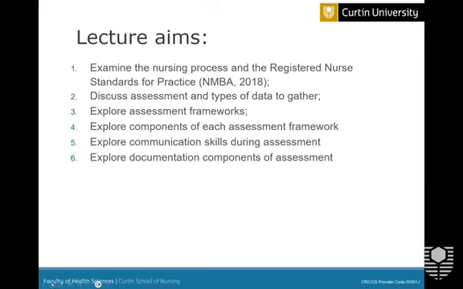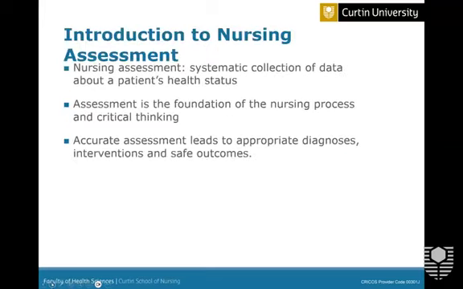So we're going to examine the nursing process, registered nurse standards for practice. We're going to explore the different types and frameworks of health assessment, and what each different assessment framework actually includes. And we're going to examine communication skills during assessment and then of course documentation skills.